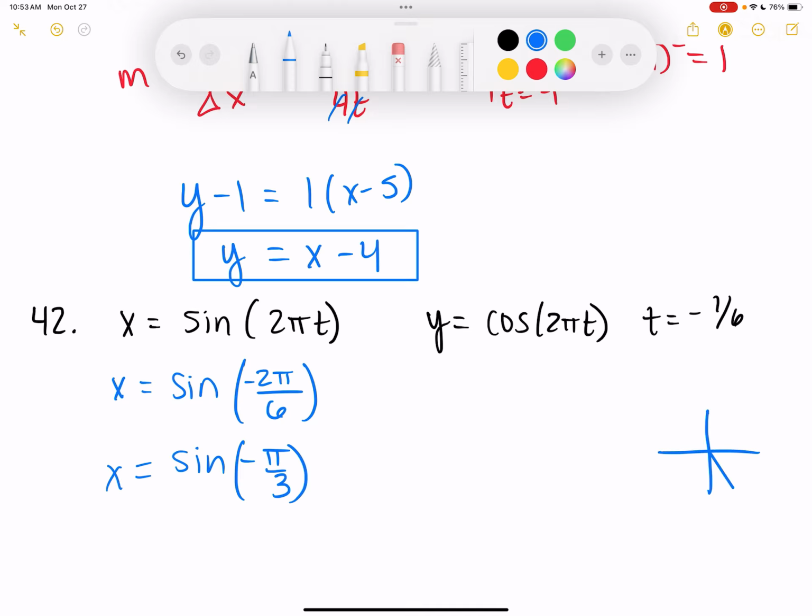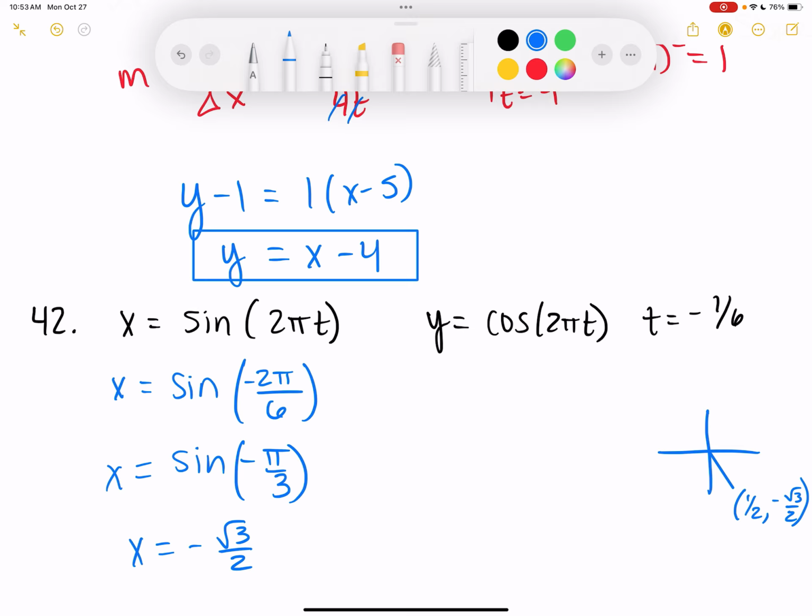So that would mean we have an x value of 1/2, and then a y value of -√3/2 on the unit circle. So that means the sine of -pi over 3 would be -√3/2.